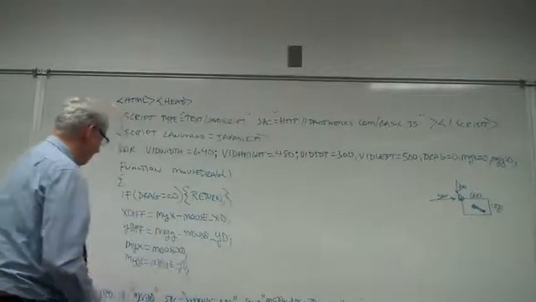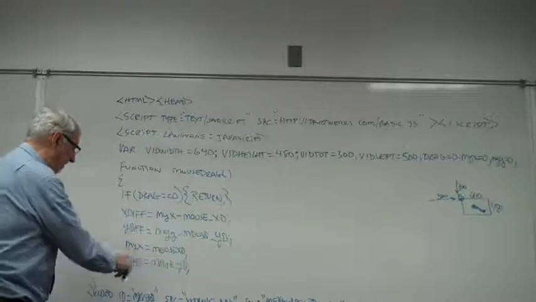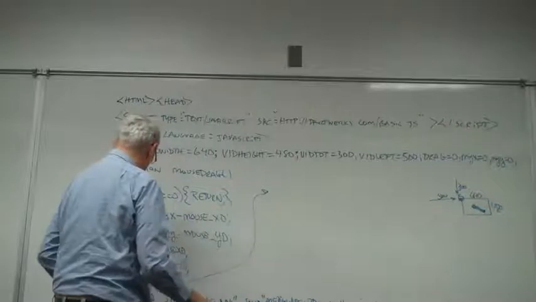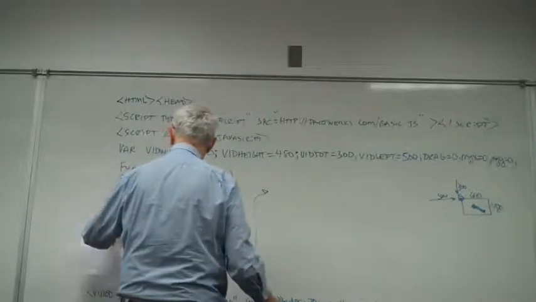Now, in our program up here, what I want to do is change its width and its height. So right in this position right here, I'm going to write this. I'm going to say, well, now I know what this is right here and what this is right here.